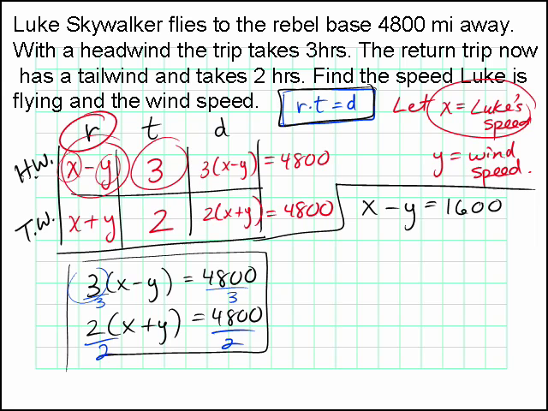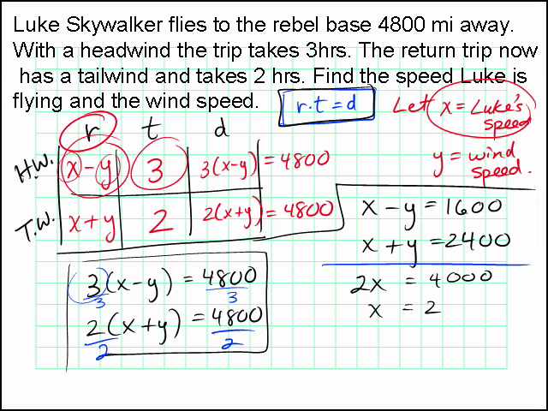And that gives me X plus Y equals 2,400. Now I can solve that system by adding the two equations together. If I add them together, the y's cancel away immediately, and I'm left with 2x equals 4,000. Divide by 2. And I get 2,000. So I've solved for x.